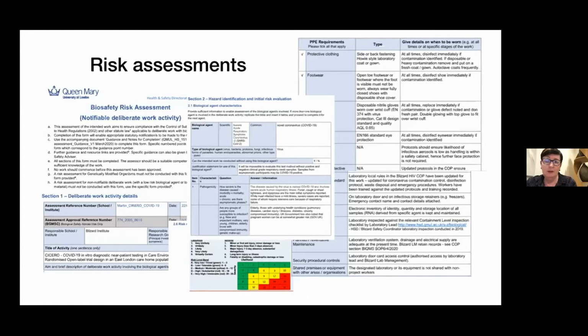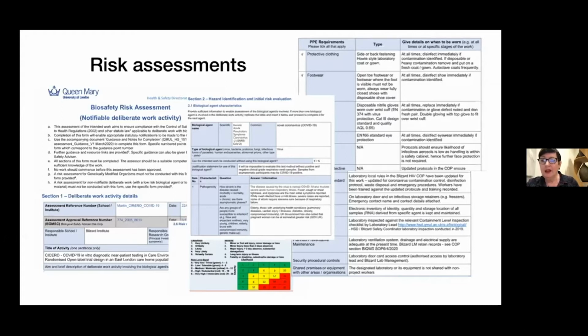And bear in mind, SARS-CoV-2 is something that there's no treatment for, so the risk mitigation, the risk management, is really important. You'll see some of those PPE requirements, security protocols and training are all part of that management of the risk, and we've documented it all.